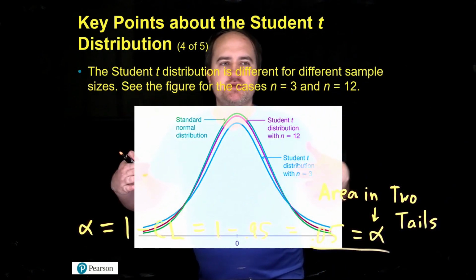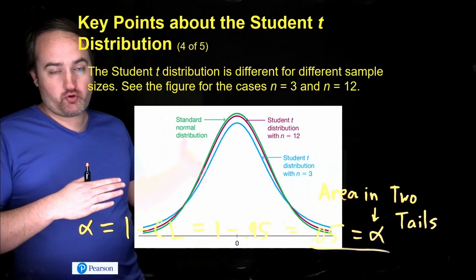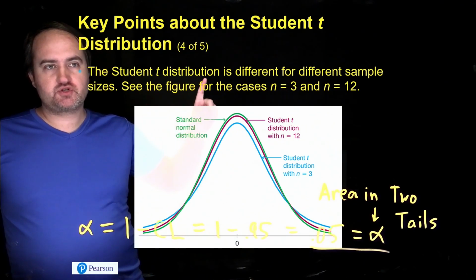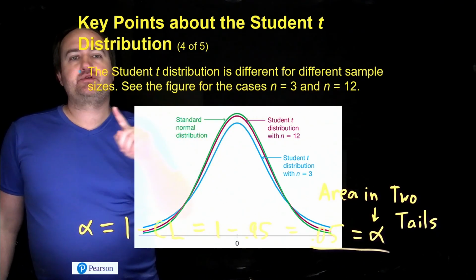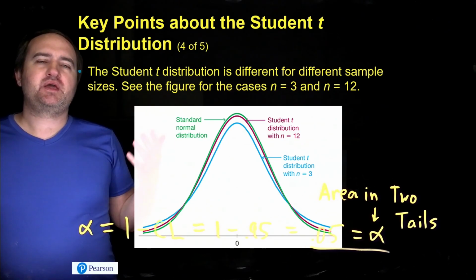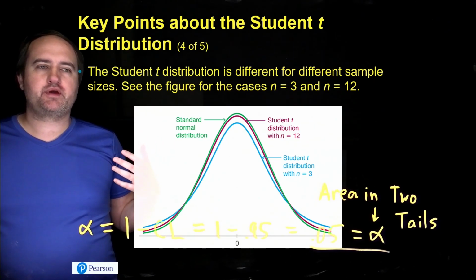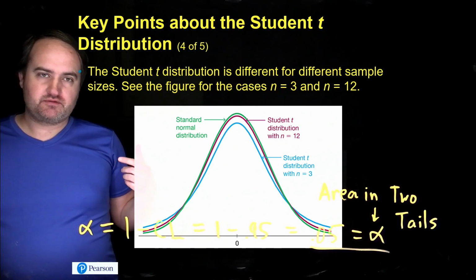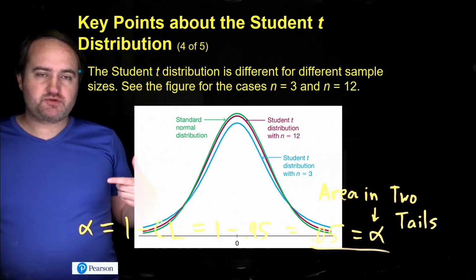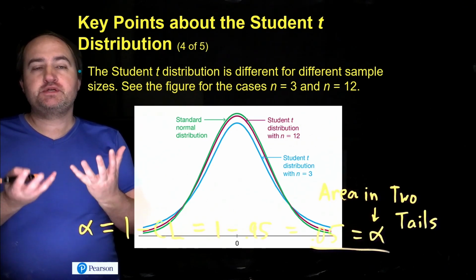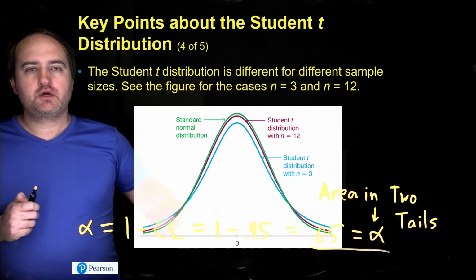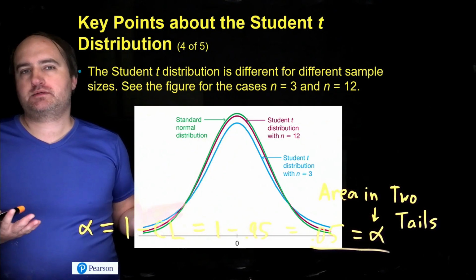But notice that the shape or the distribution of the student t distribution is different for different sample sizes. So basically, the whole reason why we have to worry about the number of degrees of freedom, df, is just because the degrees of freedom sort of control which shape it has.